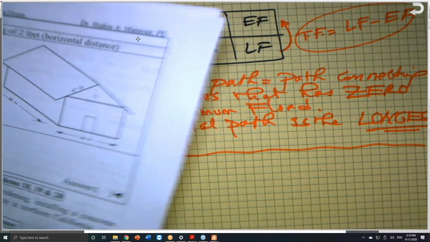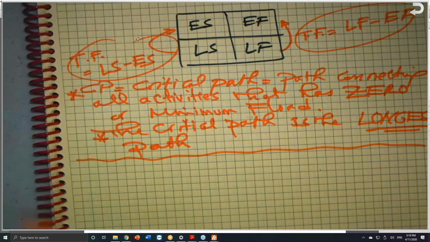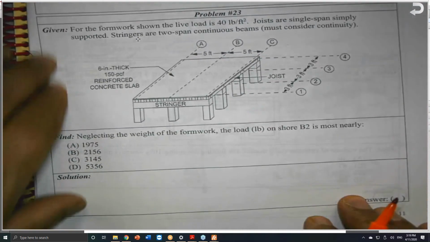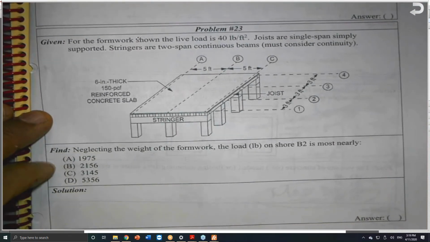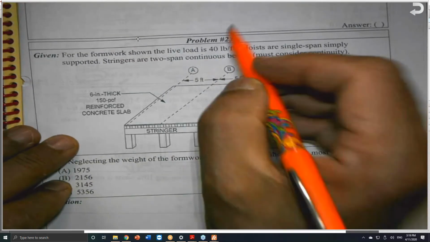Another kind of problem I need to go over, which the two problems before are very important, is how to calculate the load for the construction PM. There is a problem in the NCEES similar to this, or this could be the same problem. Problem number 23.